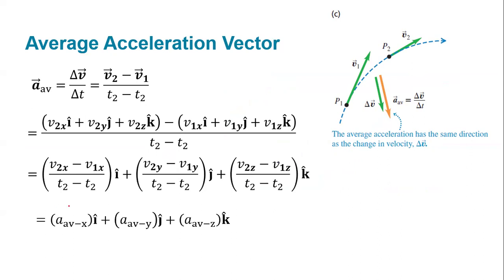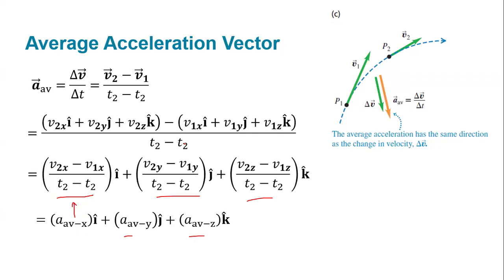If you remember, this term here is just the average x acceleration if you're moving in one dimension. However, we are now moving in three dimensions. So we now have three components, x, y, and z, for your average acceleration vector.